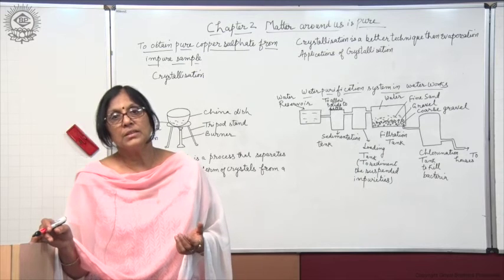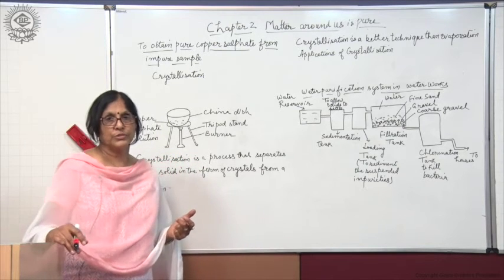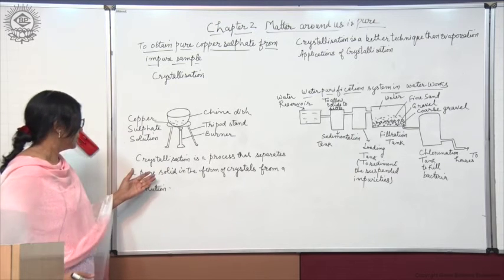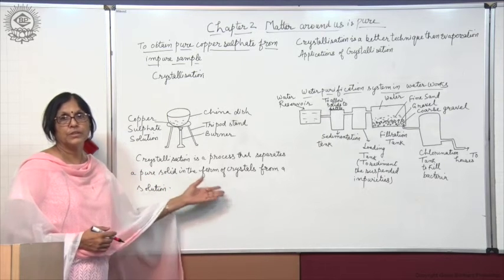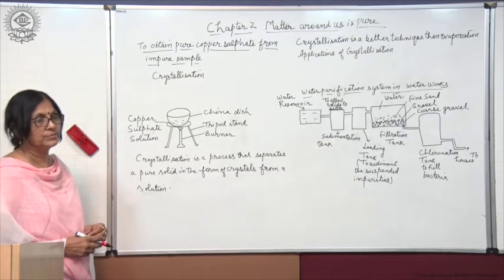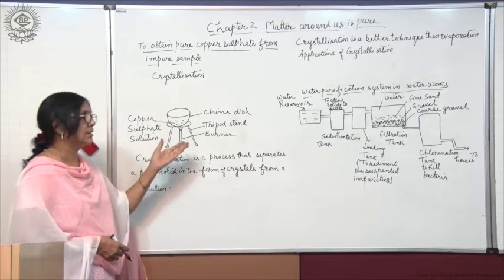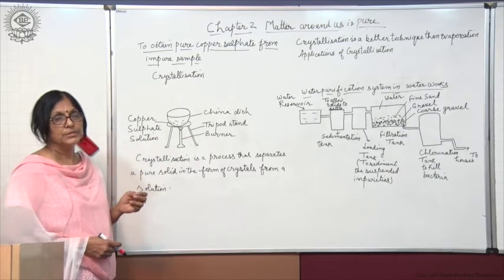Now, what is crystallization? Crystallization is a process of separating a pure solid in the form of crystals from a solution. So, this activity can be performed in the lab by collecting the apparatus.